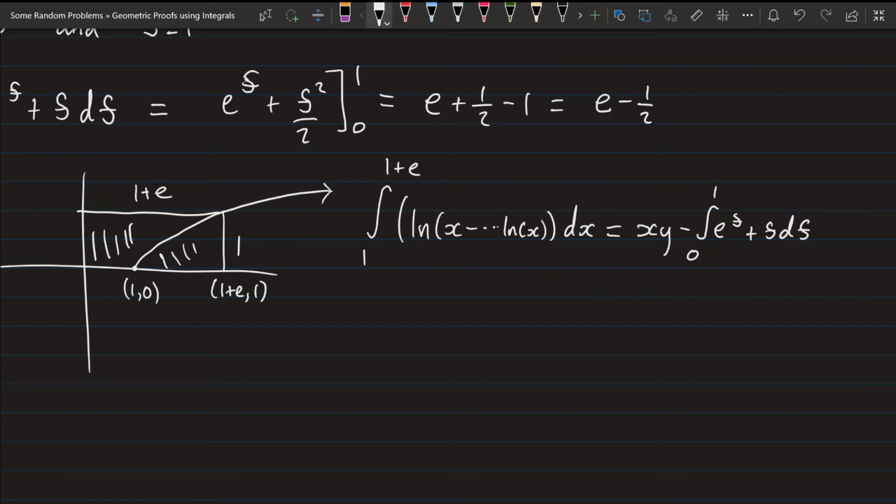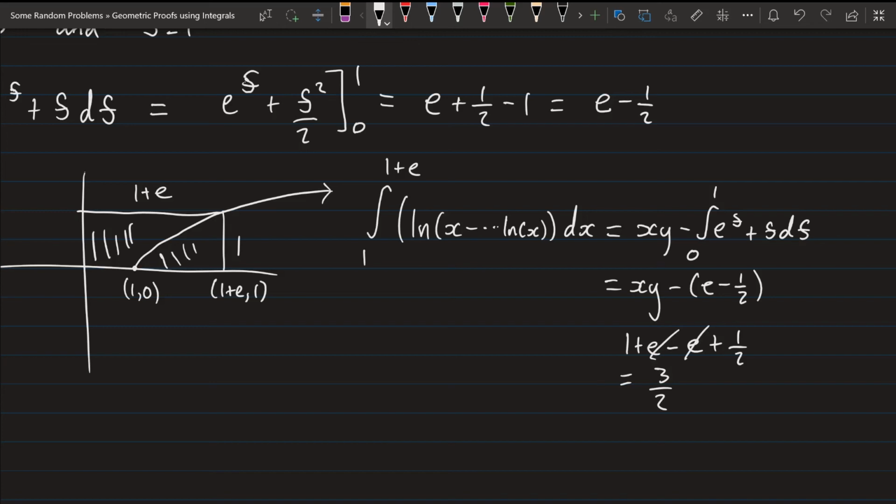And we've actually already found that answer, so we can just directly substitute that in. So we get xy take away e minus a half, and we can plug in our values here for x and y, and we just get 1 plus e minus e plus a half, sorry. I need to expand that half. Negative into the negative half as well. And that cancels with that, and we get 3 over 2.